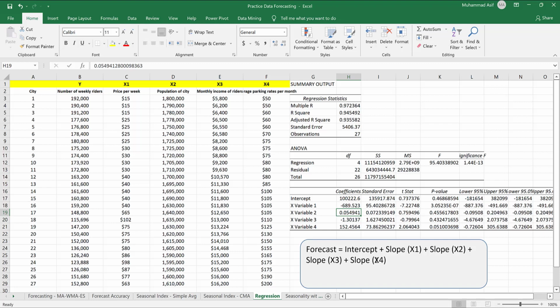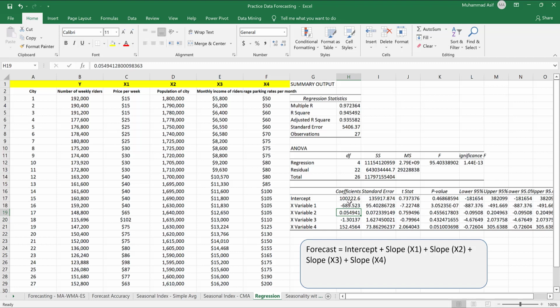And the last one is variable 4, which means parking rates per month. If we want to use a different value, let's say 250, you will substitute x4 with 250, and its slope is 152.4564, and that will give you a forecast when using different values of the variables.